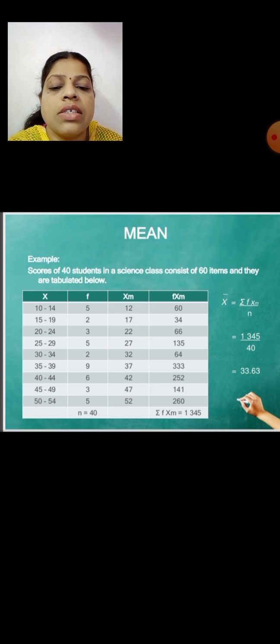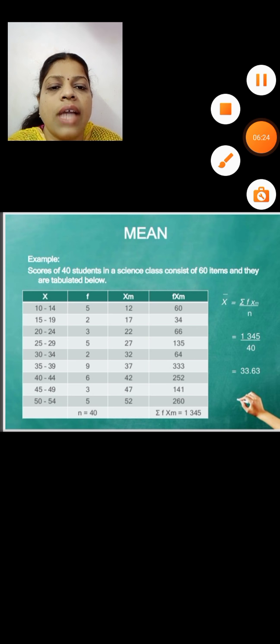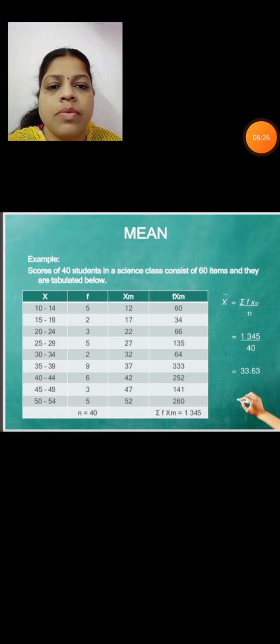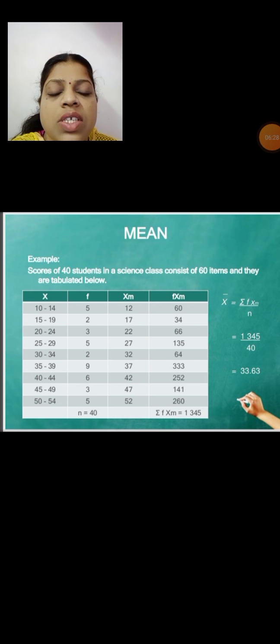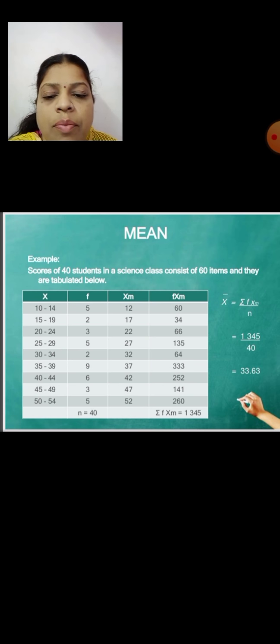For that, we have to find the F values and the XM values. Next, we have to find the mid values of all the class intervals, which is given under the XM.